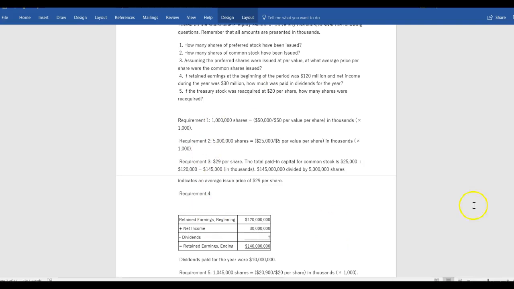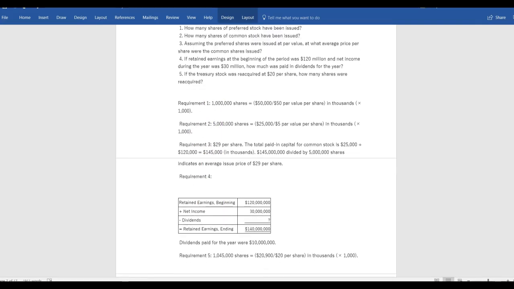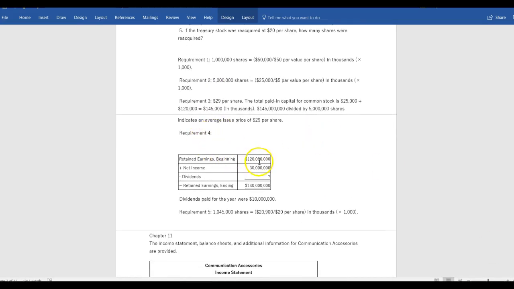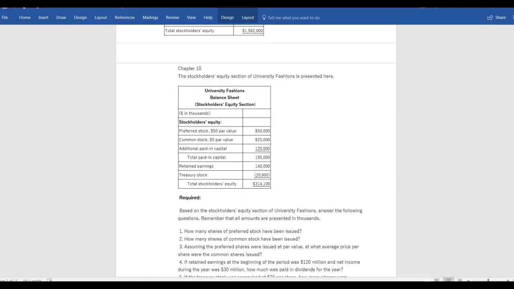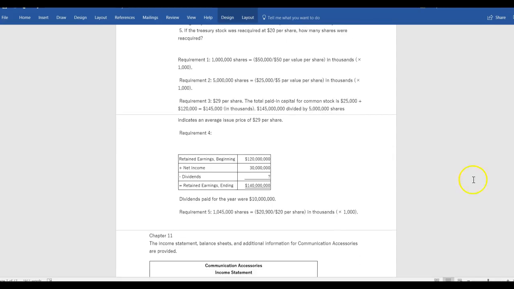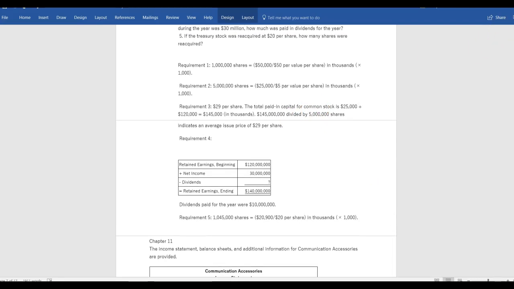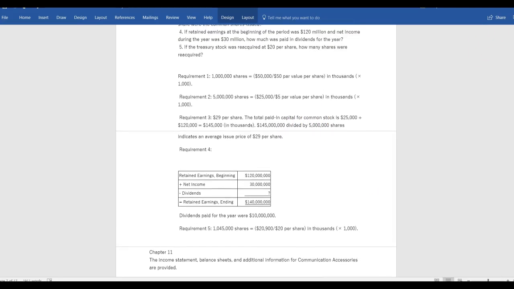So we would create an Excel to show our beginning retained earnings and our ending retained earnings. The 120, net income they're telling us is 30. Then we want to know what was paid in dividends during the year.